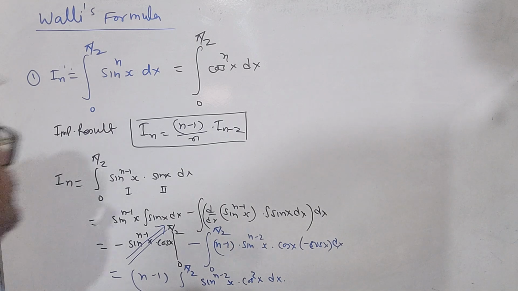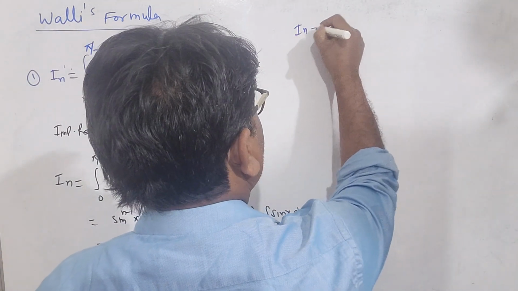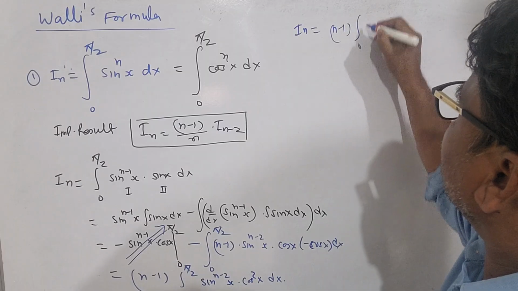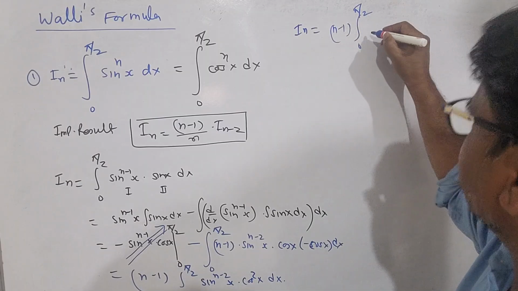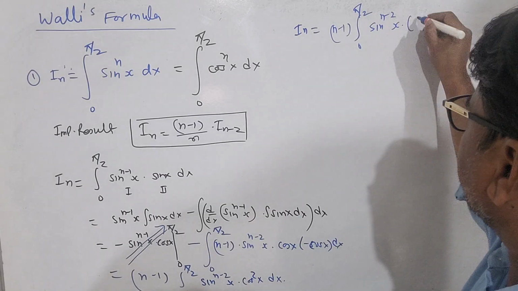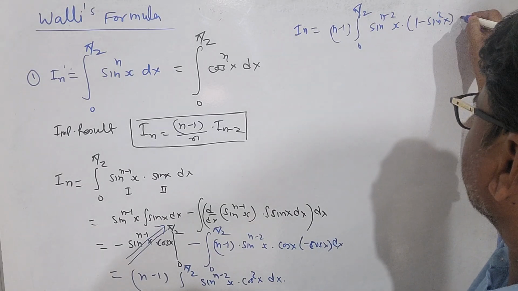So now I can write In equal to n minus 1, integration from 0 to pi by 2, sin to the power n minus 2 of x into cos square x, and cos square x is 1 minus sin square x, dx.